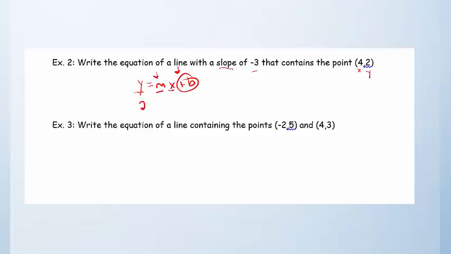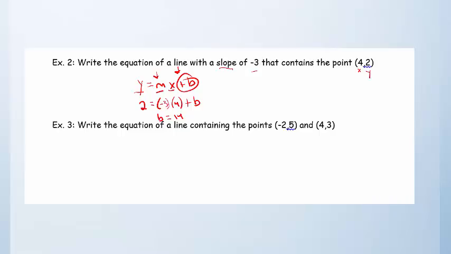So I'm going to plug 2 in for y. I'm going to plug -3 in for m. And I'm going to plug 4 in for x. If I do a little bit of simplifying, I'm going to find out that b equals 14. So that's great. We now know what b is.